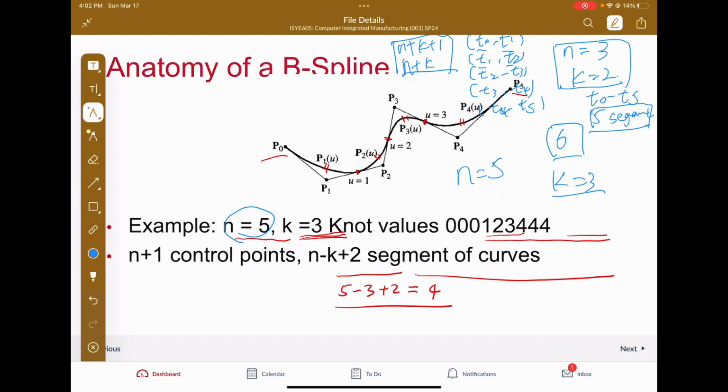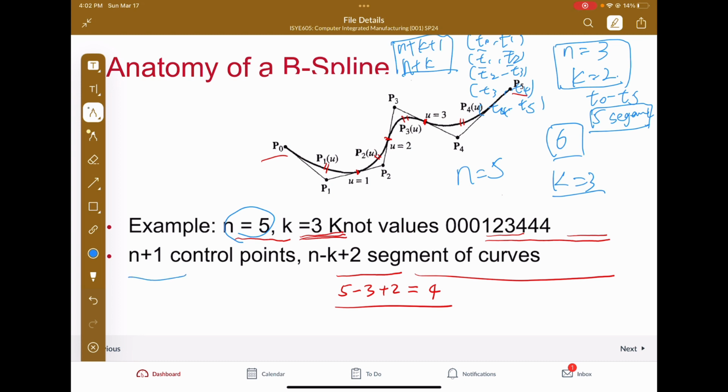This is for the periodic, but non-periodic will be mostly used in CAD. So for the non-periodic, how do we calculate the segments, because we have repeated values of t several times at the beginning, and repeat these t values at the end.